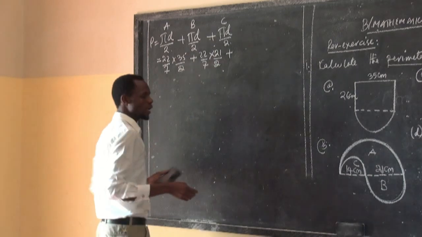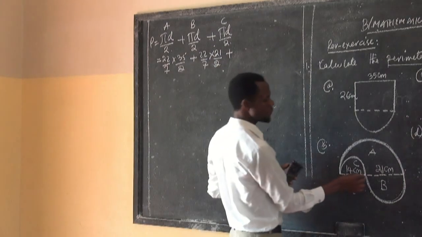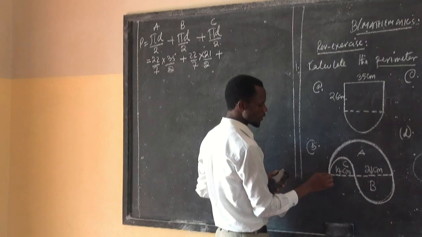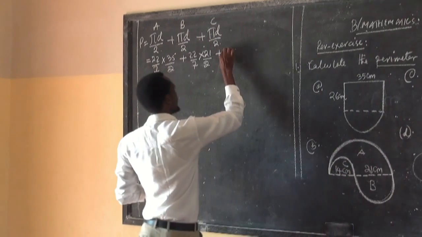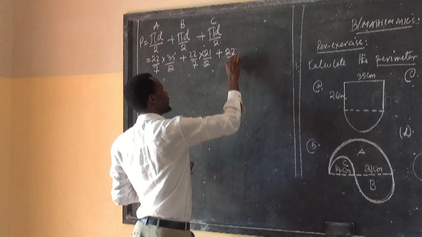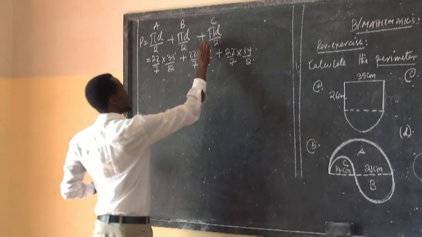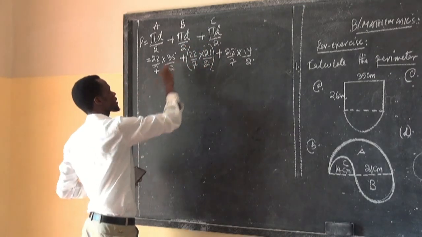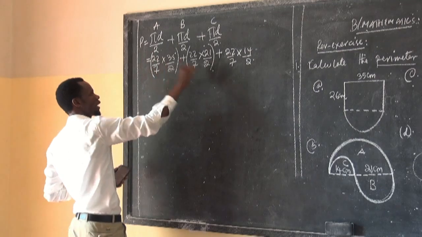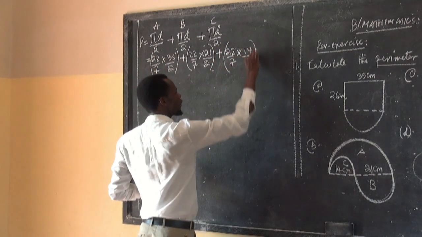Then the diameter for the third semicircle is 14. Now, it is equal to 22 over 7 times 14 over 2. So you have the circumference for the first semicircle, the second semicircle, and the third semicircle.